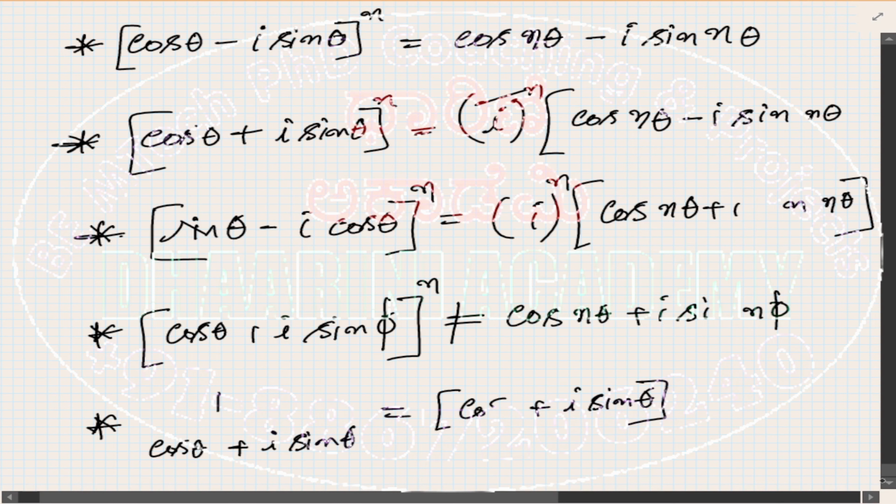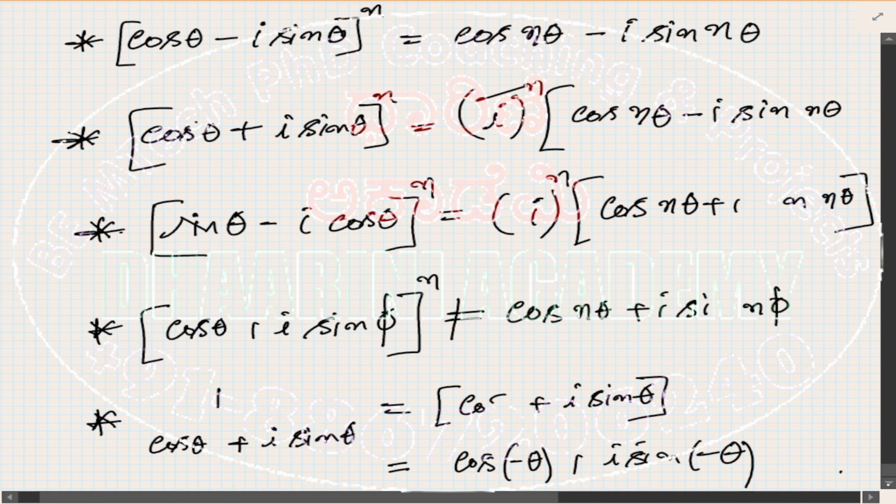Whenever I have a power minus 1, I can make the following substitution. This is equal to cos of n theta, where n is minus 1, so minus theta, plus I times sine of minus theta.